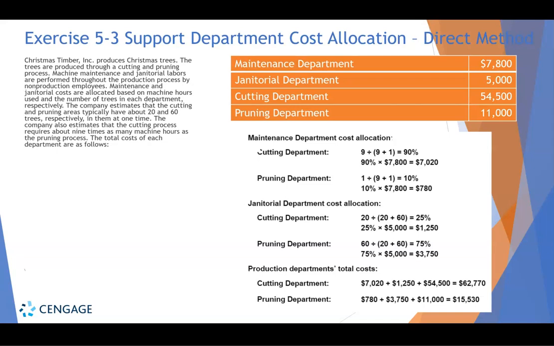For the maintenance department, we are going to allocate 90% to the cutting department and 10% to the pruning department. And so the $7,800 will be applied in that fashion.